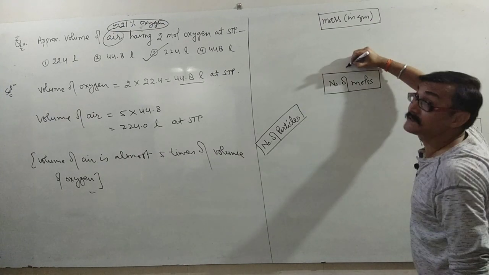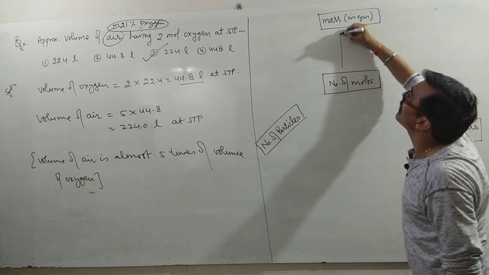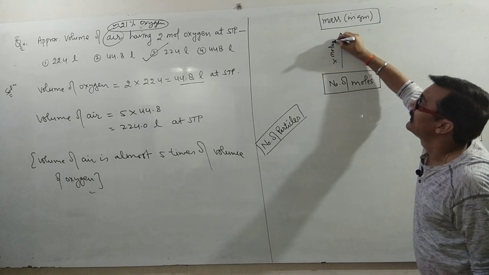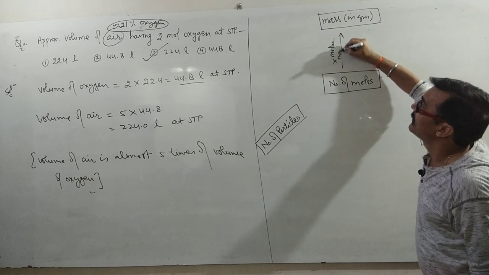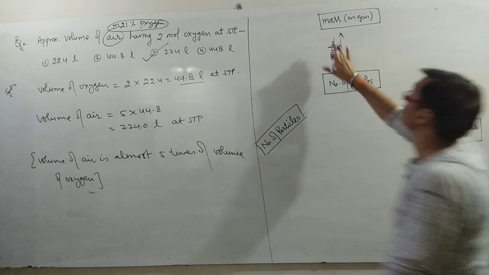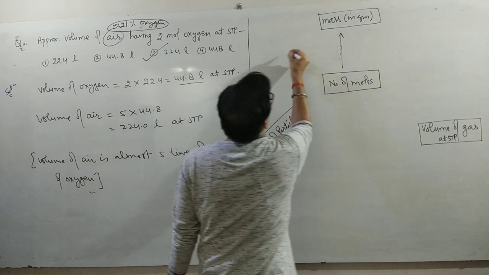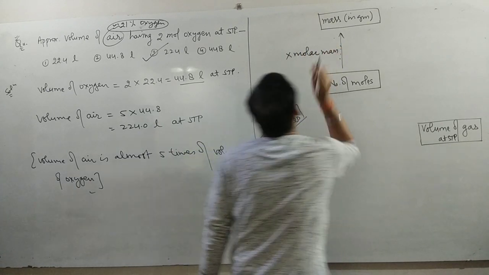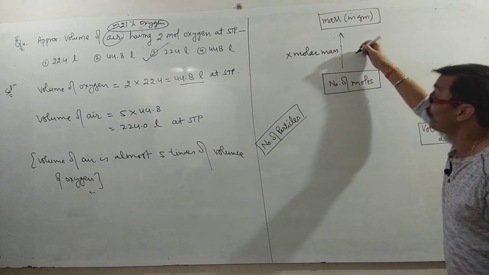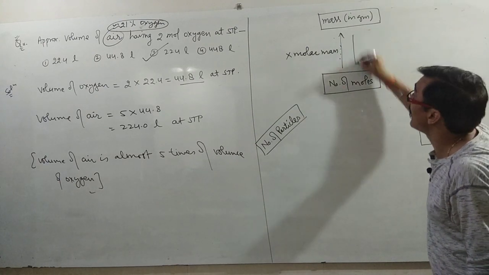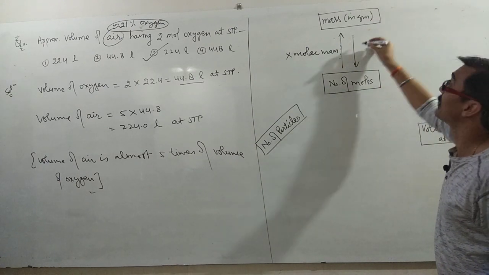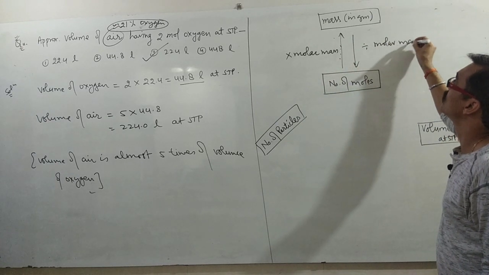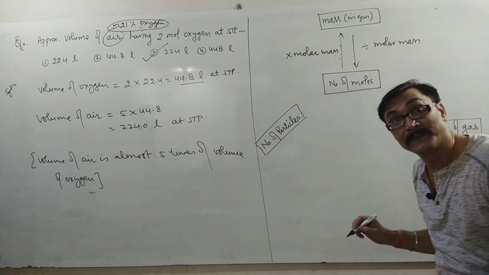When number of moles is changed into mass in gram, then it should be multiplied by molar mass. And if you want to find number of moles from mass, then mass divided by molar mass is equal to number of moles.